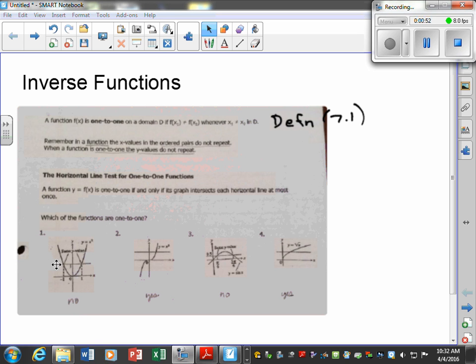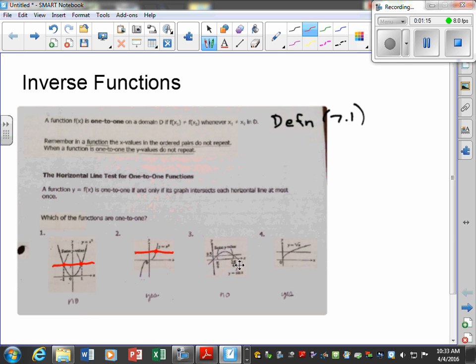If I do a horizontal line, it's going to touch the graph in two places. So let me draw that in red. If I drew that, you can see it's going to touch twice, so that would be not 1 to 1. Over here, if I drew a horizontal line, it's only going to touch in one place, so we would say, yes, this is 1 to 1.